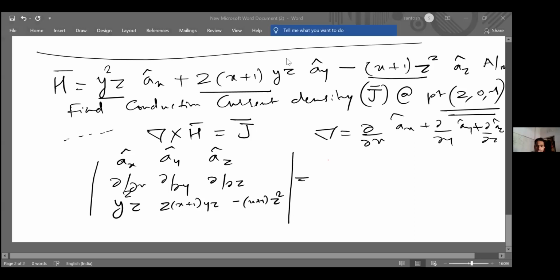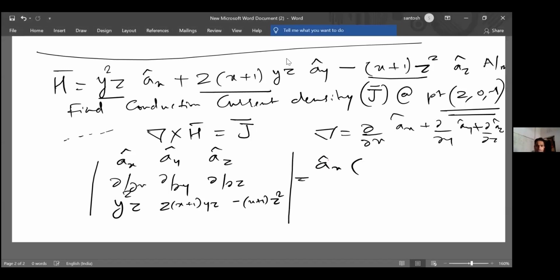So we get ax cap into dou by dou y of this. There is no y here, so this is a constant with respect to y, so this will be 0, minus dou by dou z of this. 2x plus 1 is a constant, y is a constant, and derivative of z becomes 1. So this becomes 2 into x plus 1 into y, ax cap.